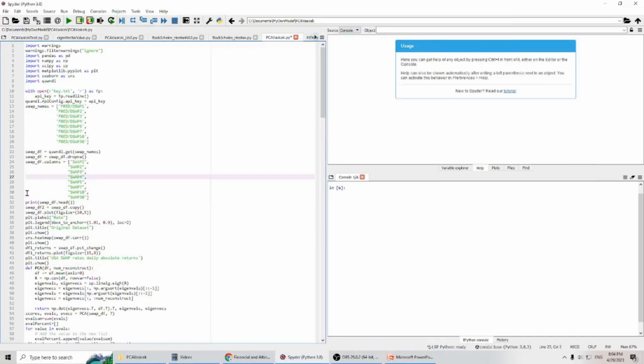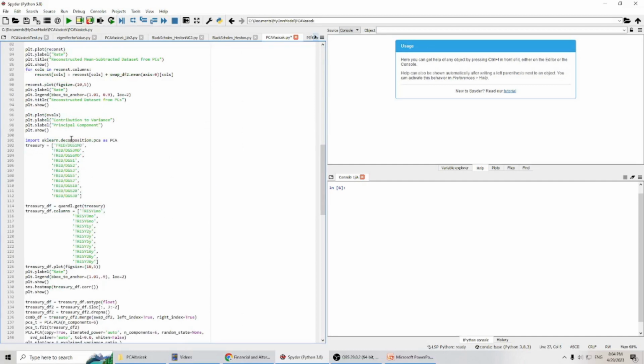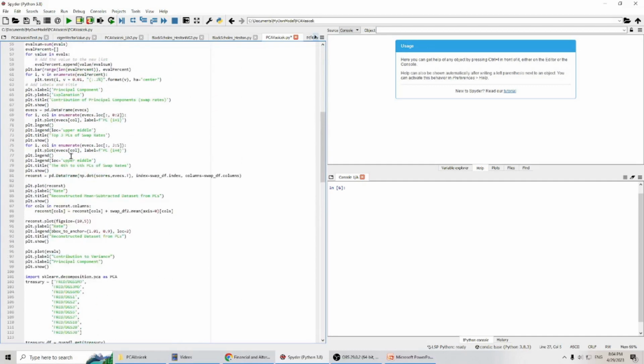This is my implementation of the model in Python. I will upload this program to my GitHub, and you can download it and try it by yourself later. First, I need to download the swap rate data and the Treasury rate data from NASDAQ.